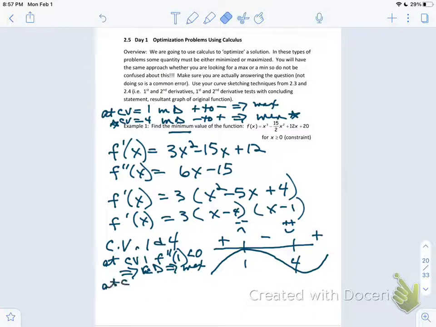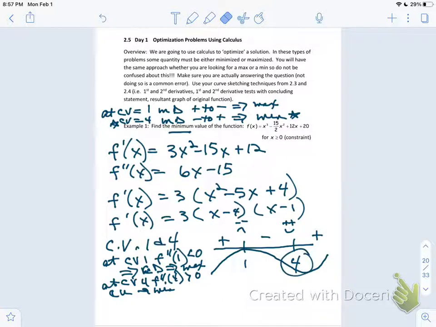So at CV of 4, f prime prime of 4 is greater than 0, which makes it concave up, which leads to a min. So my min happens at 4.